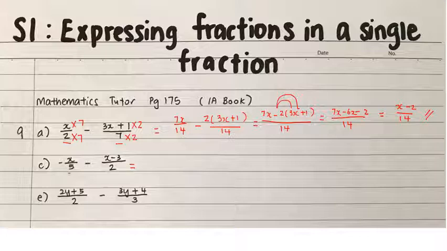Now for the second question, let's take a look at the denominators again. I have 5 and I have 2. Common denominator, 10. So first fraction multiply by 2 throughout, and second fraction multiply by 5 throughout. And I will have negative 2x over 10 minus 5 times of x minus 3 over 10. Following that, I combine the fractions together.